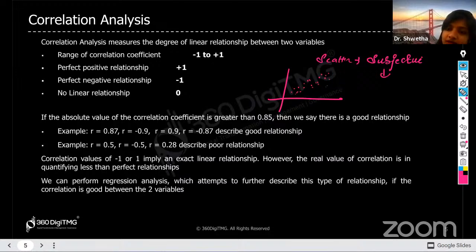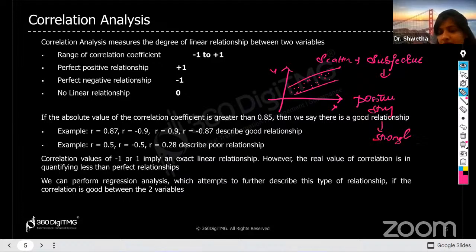We can say that there is a positive correlation: increase in X is increasing Y. But when it comes to the strength, I may say this is strongly correlated, but someone among you may say this is moderately correlated. So this is subjective. It differs from person to person.